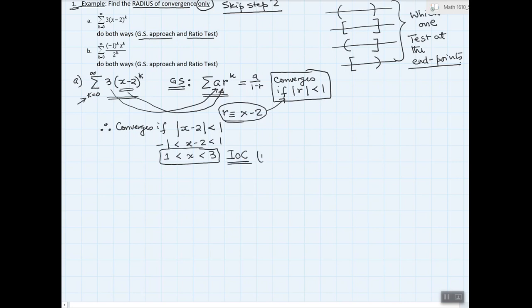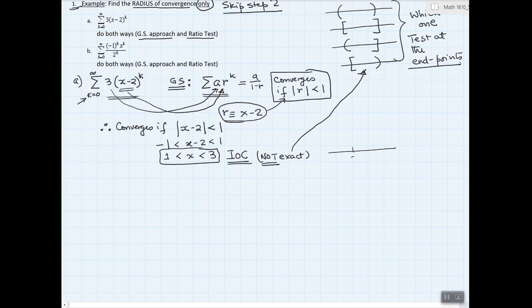This is not exact, because remember, to find exact we have to decide what happens at the endpoints, that means what happens at 1 and what happens at 3, but we are not doing that in this particular question. Once I have my interval of convergence, the easy way is to just graph it.